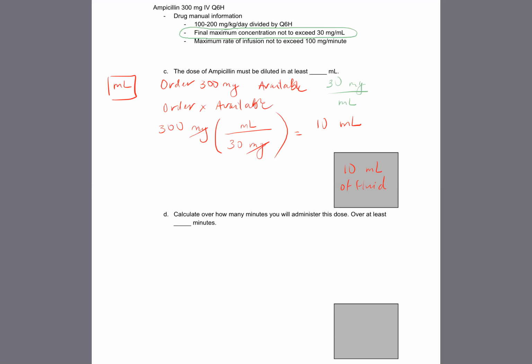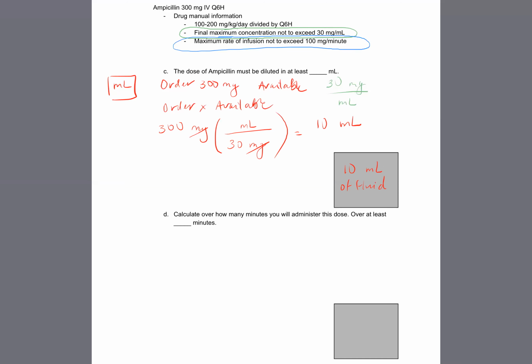Part D, calculate over how many minutes you will administer this dose, over at least how many minutes. So I'm going to go ahead and use a different color, so use blue, and you're going to go ahead and use this specific part of the given information. The maximum rate of infusion is not to exceed 100 milligrams per minute.